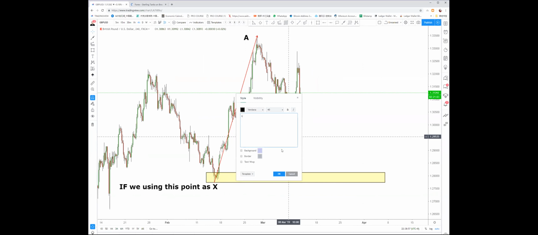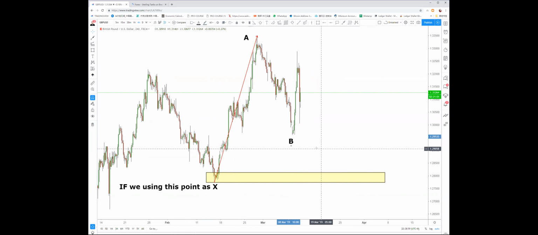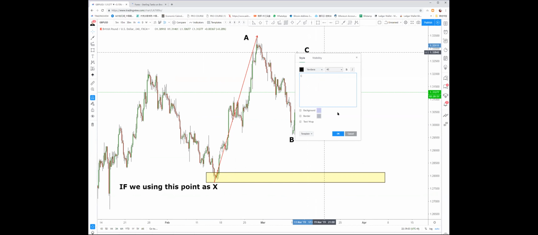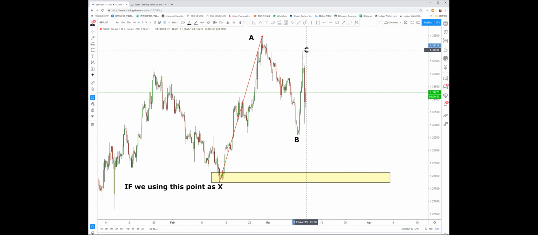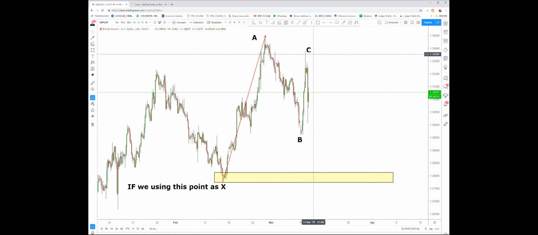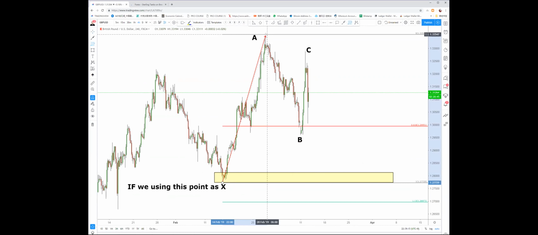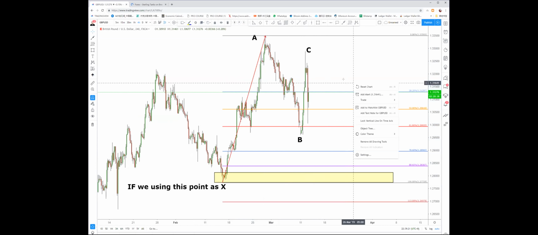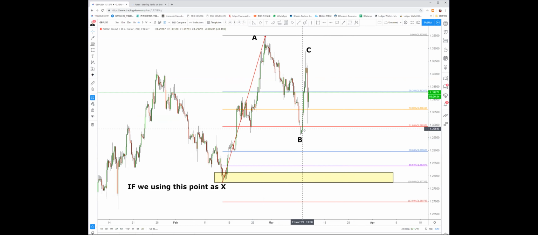B is here, right? All right, good. And where is the C? Okay, good. Today we just have a nice C because we know that the C point has this requirement that it cannot break A, and it has to retrace a certain level. So what we can do is use a fib to measure the distance from XA, and we found that the B point is actually sitting on the 618 point.